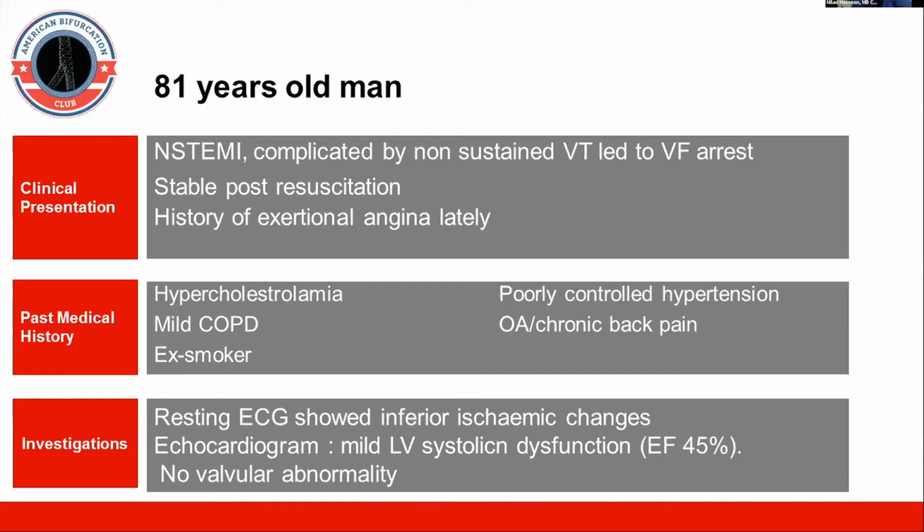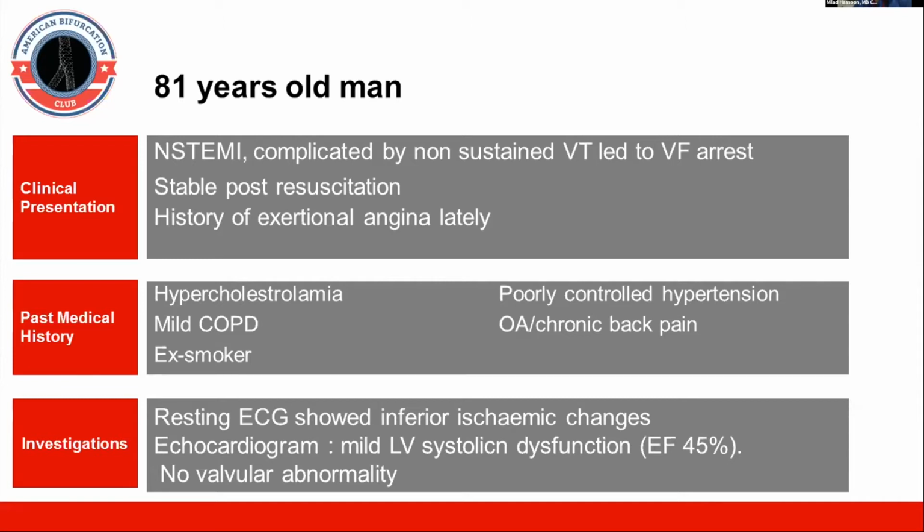He was resuscitated and survived it, and he was stable at the time of arrival to our lab a few hours later. He had a past medical history of hypercholesterolemia, mild COPD, poorly controlled hypertension, and he has problems with his joints and back. It keeps him uncomfortable and flat. And he was also an ex-smoker.